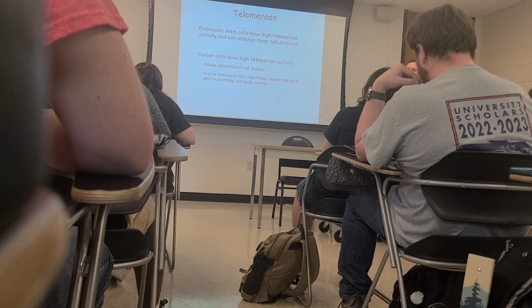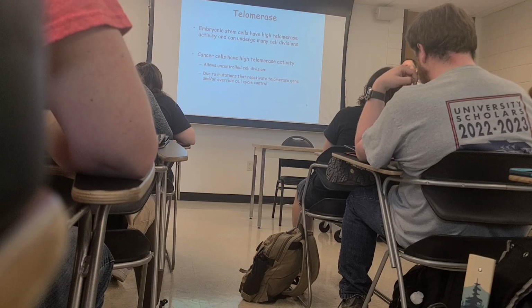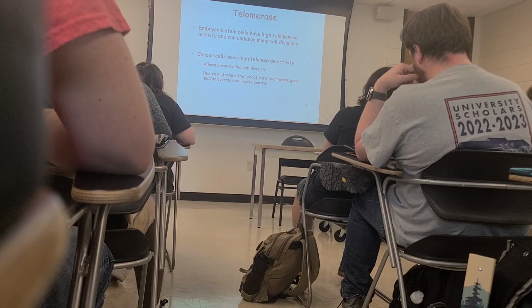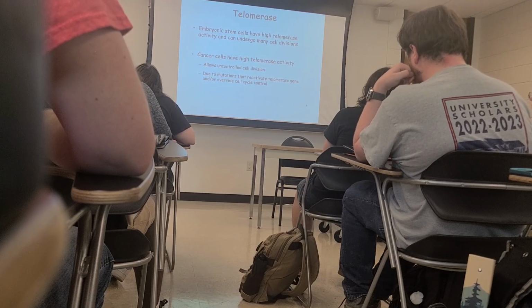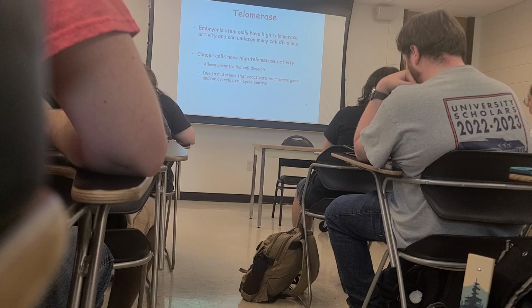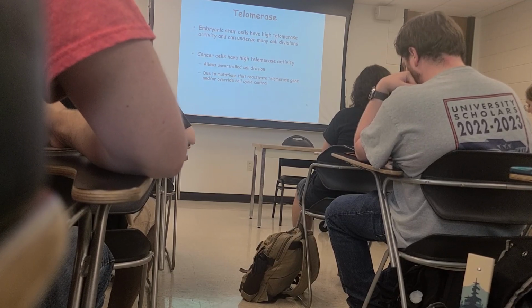A lot of studies on cancers have found that in certain types of cancer cells, telomerase activity is unnaturally high compared to normal cells. One of the defining characteristics of cancer cells is uncontrolled or unchecked cell division. They're dividing much quicker than normal cells do.